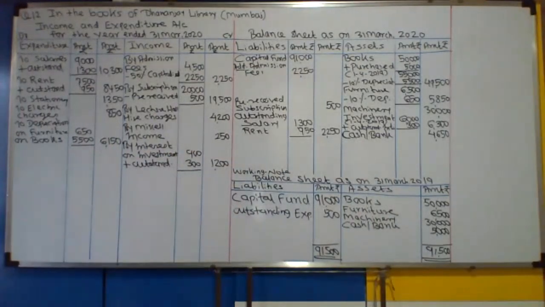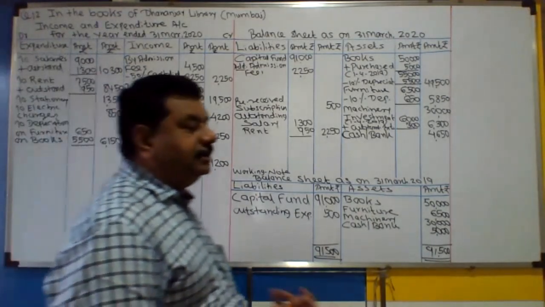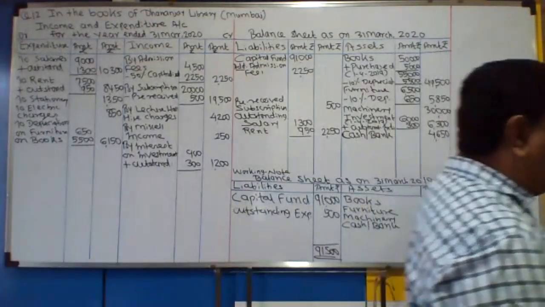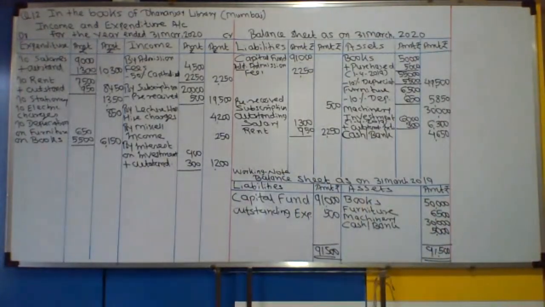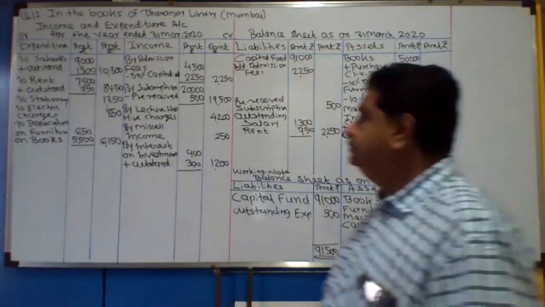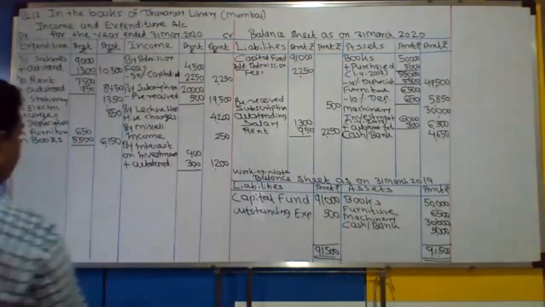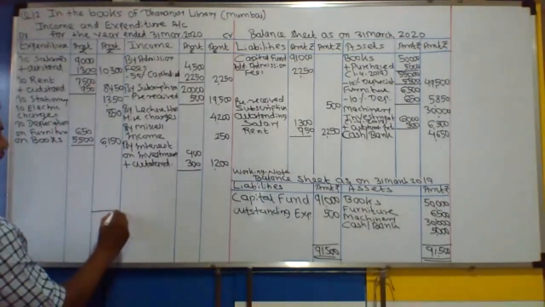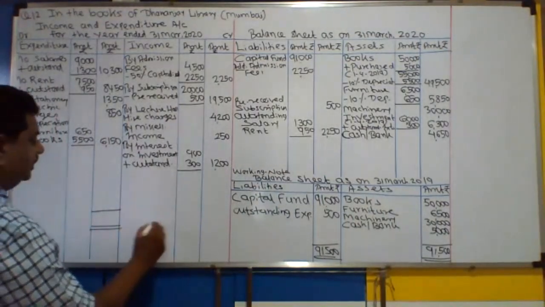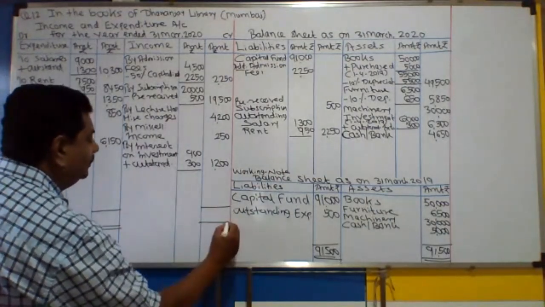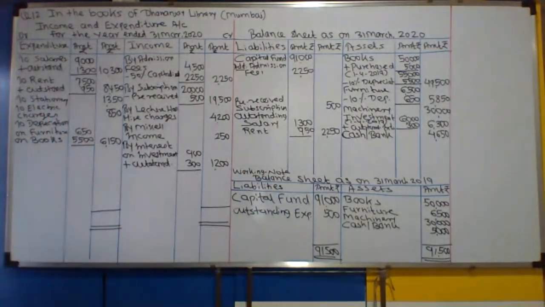Take the total of the income side, then the expenditure side, and compare. If the income total is more, a surplus will come; if expenditure is more, a deficit will come. There is a marginal difference, a very small difference, so you must be very careful about the calculation. It is better you write the total with pencil.